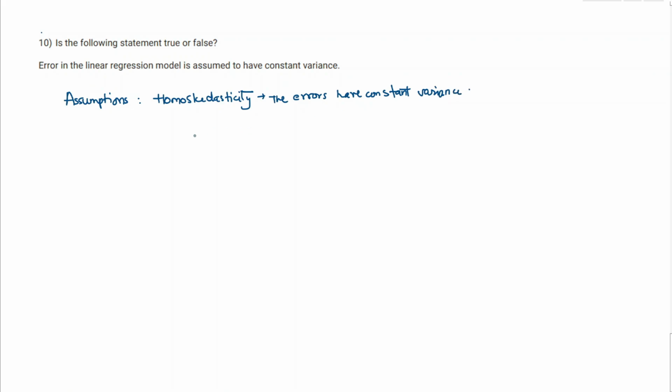Now, theoretically, we say that y is equal to beta x plus epsilon, and epsilon is technically assumed to be normally distributed with mean 0 and variance sigma square. So sigma square is a constant and does not depend on the data points. So that statement is true.